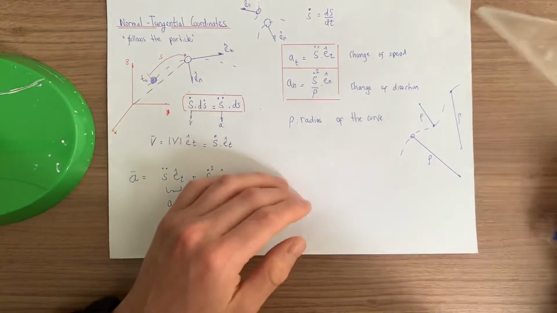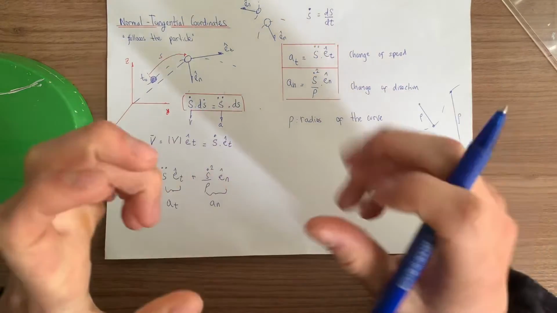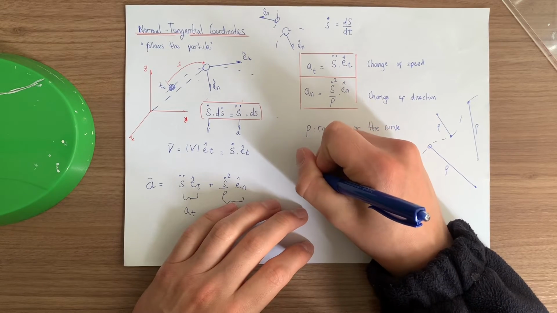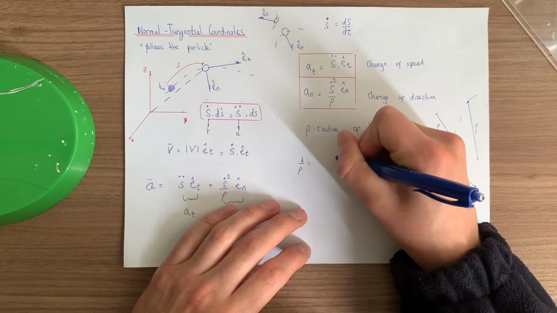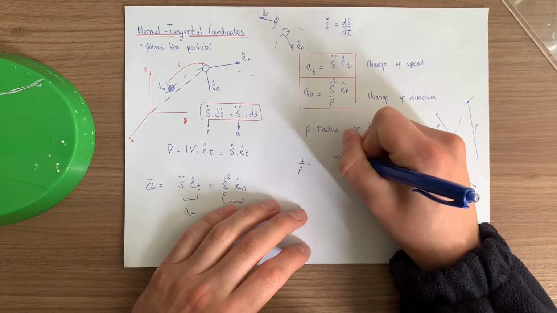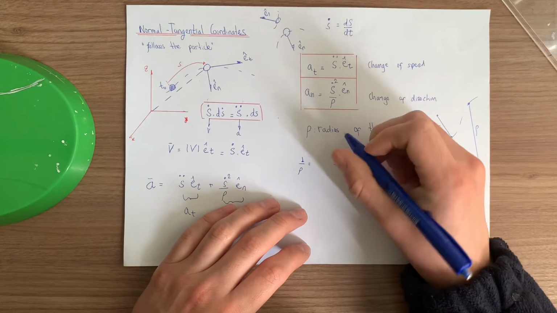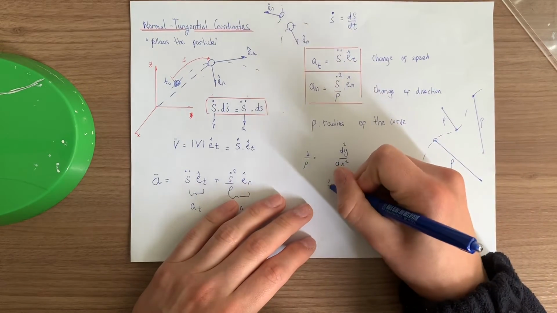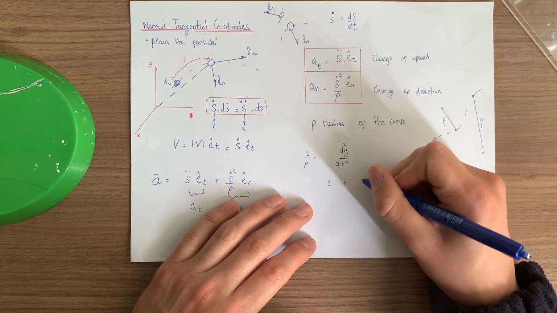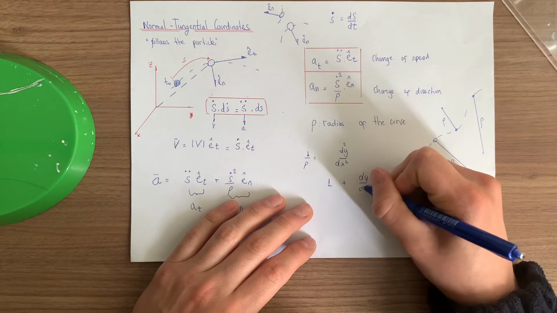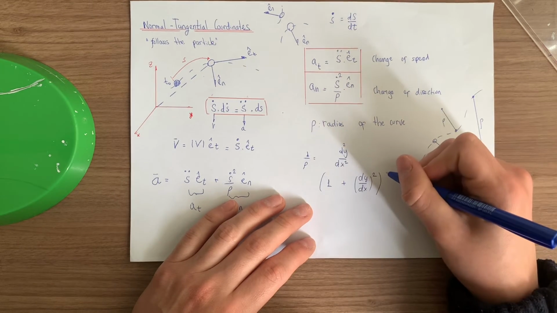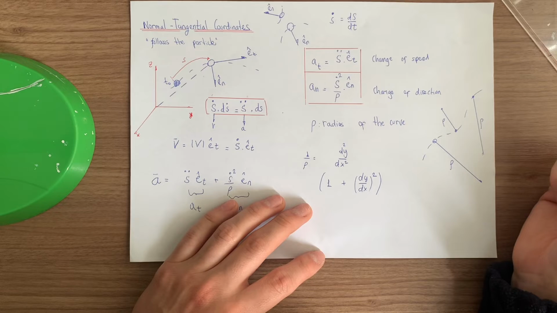How do you calculate this? Well, there is a big formula, and I'm going to write it. 1 divided by the radius equals the second derivative of y respecting x divided by 1 plus the first derivative of y respecting x squared, all that elevated by the 3 divided by 2.